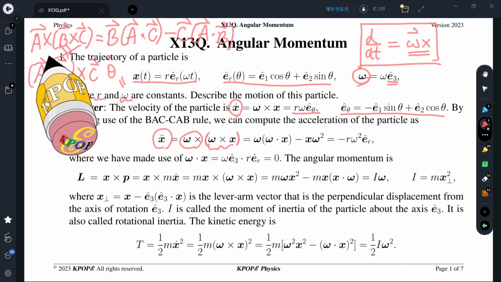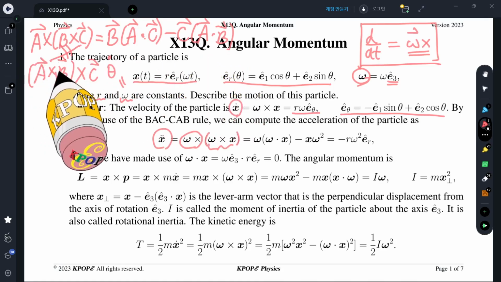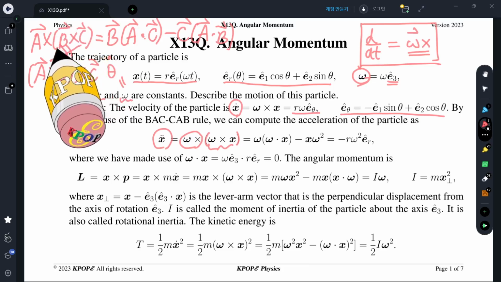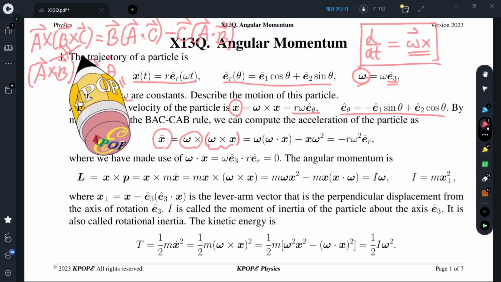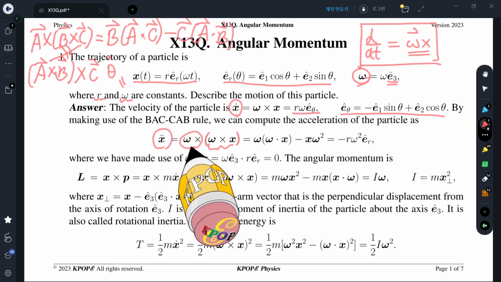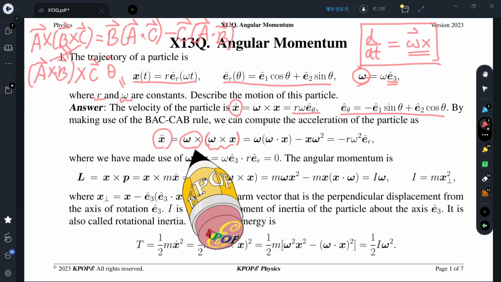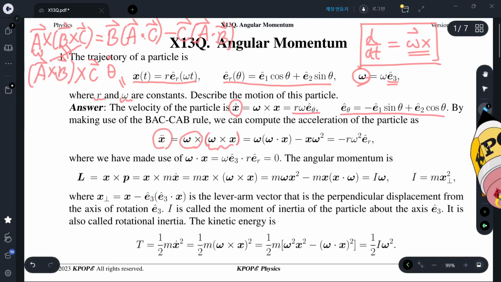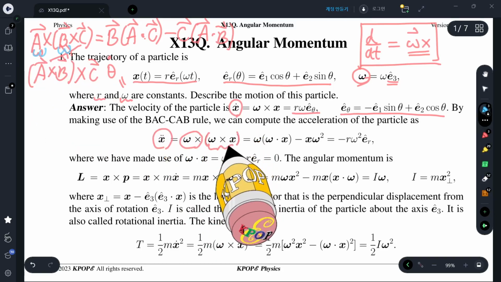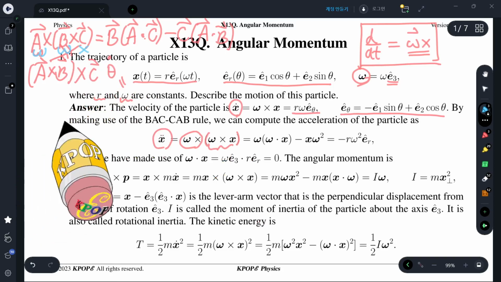The BAC-CAB rule is the expansion formula for A cross, open parentheses, B cross C, close parentheses. So the result: A is omega, B is omega, C is x.